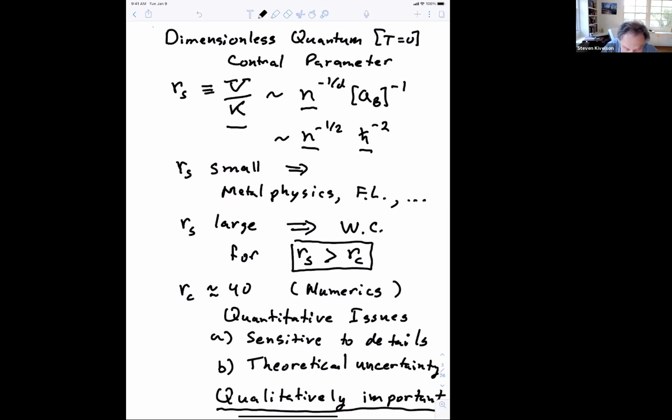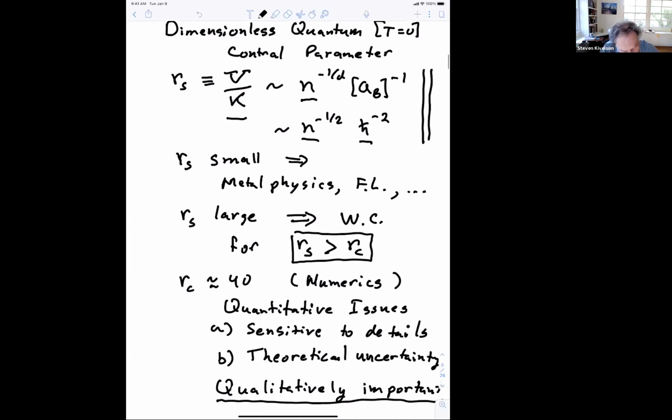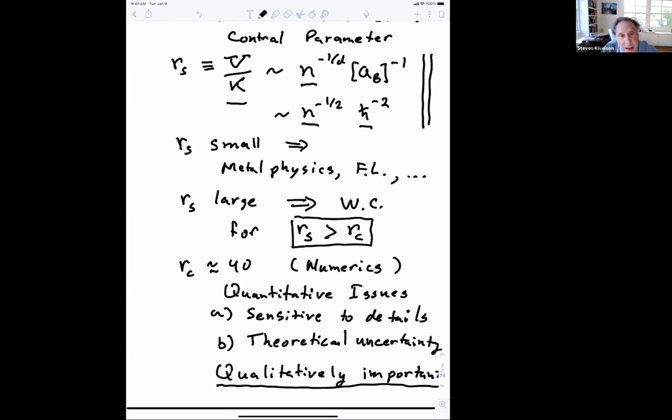I just want to remind people, however, that this is a feature of Coulomb interactions. If we had short range interactions, for instance, in 3 dimensions, then the classical physics, the crystal physics, will occur at large density, and the quantum physics will occur at low density. So at small r_s, we have familiar metal physics.